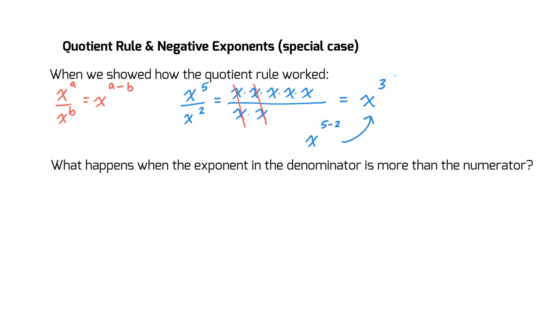And that's how we got our result for the quotient rule. So what happens when we have more x's on the bottom than we do on top? Let's say we have x cubed in the numerator and x to the 7th in the denominator. If I follow my quotient rule, when I simplify, this is 3 minus 7, which is going to give me a final result of x to the power of negative 4.